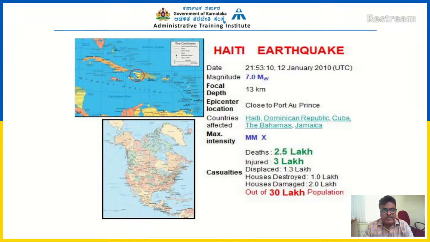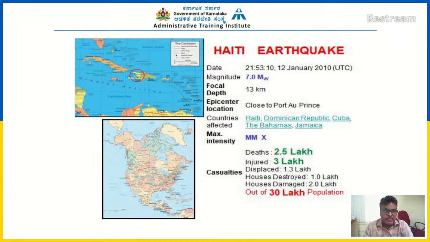People just put up stones and mortar and construct their buildings without proper earthquake resistance. Knowingly or unknowingly, people just build blindly. This might be the case in Haiti also. Most of the buildings collapsed. You can see the houses destroyed or damaged, almost about 3 lakh houses. It means almost 90% of the houses have collapsed.